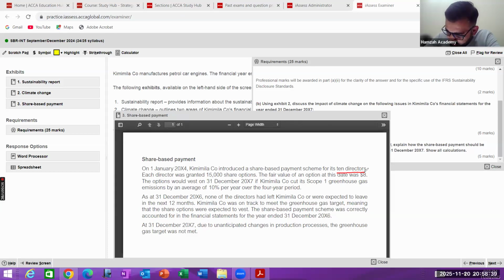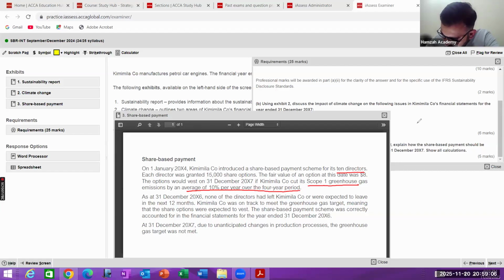The fair value of an option at this date was $8. The option would vest on 31st December X7 if K company cut its scope 1 greenhouse gas emission by an average of 10% per year over the 4-year period.